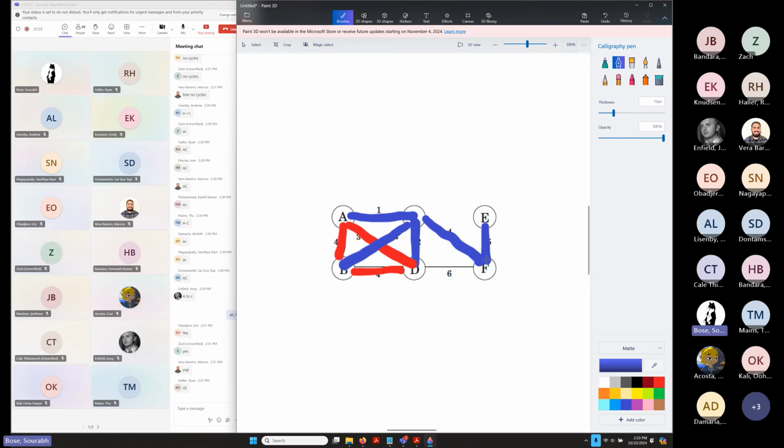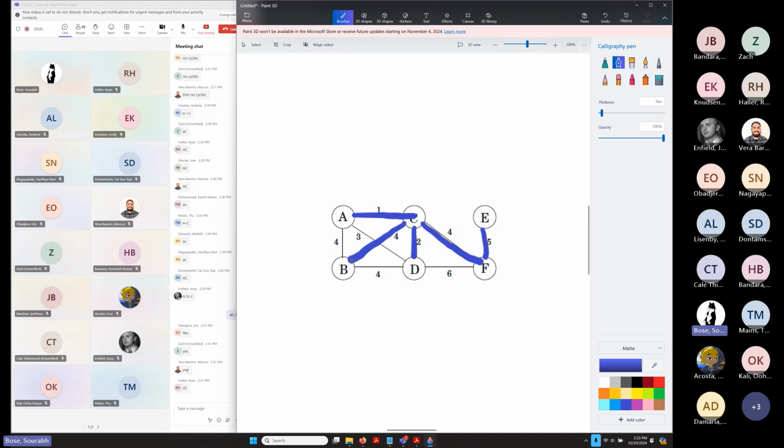Okay, so I am going to recolor this with this solution, but with a smaller thickness. So the edges that we are using are this, this, this, this, and this.